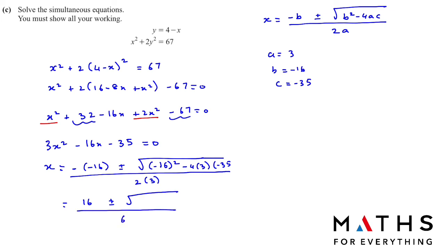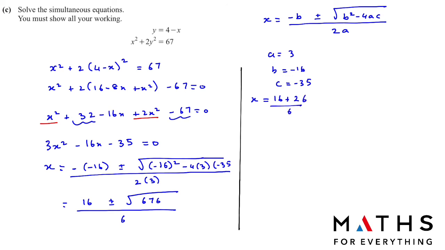Whatever is in the square root, do that separately. This will give us 676. So this will give us x is equal to 16 plus 6, square root of 676 is 26, over 6.